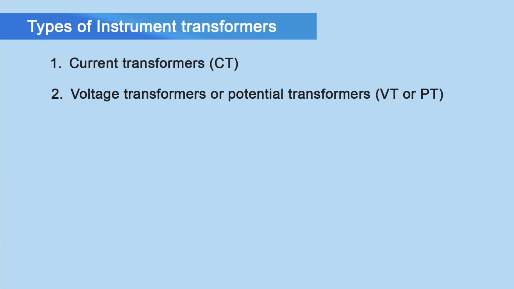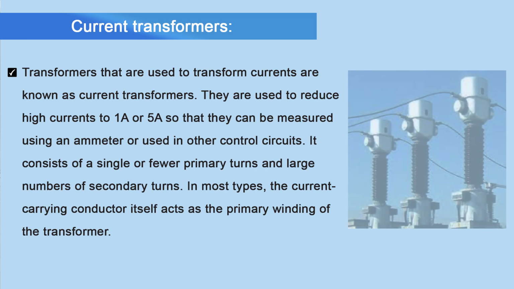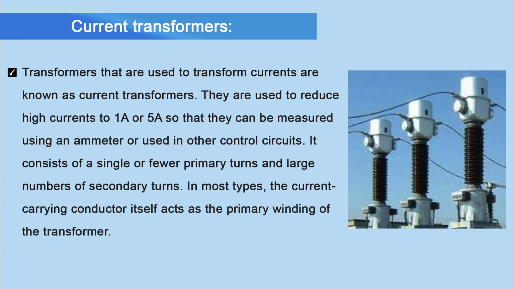So these are the basic details related to instrument transformers, and now we are going to discuss the types of instrument transformers, which are mainly the current transformer, also called CT, and the potential transformer, also known as PT. First we will discuss the current transformers.